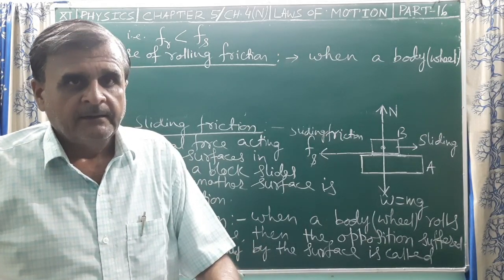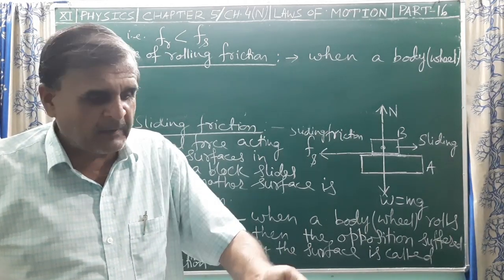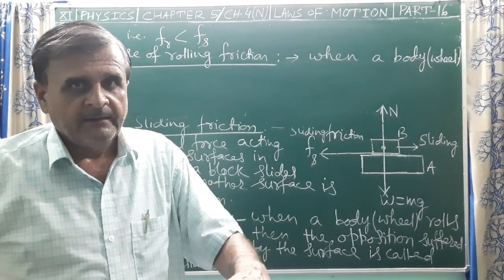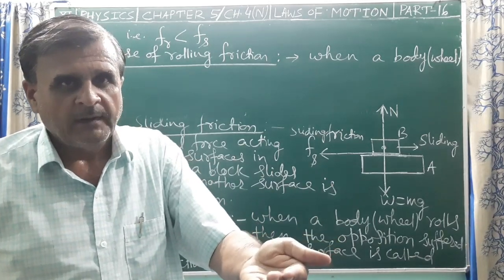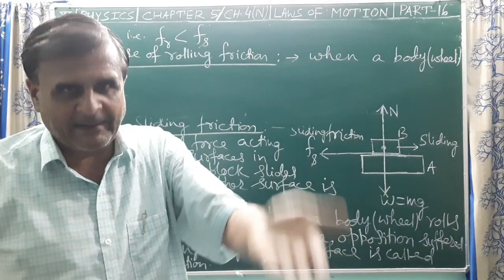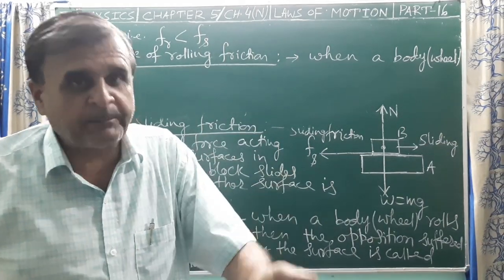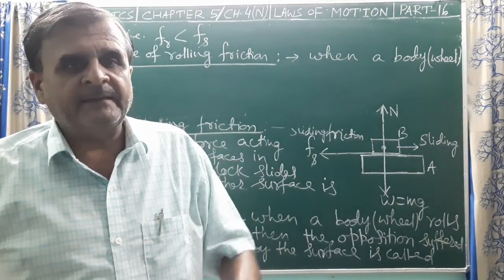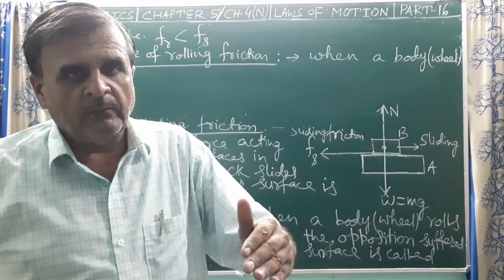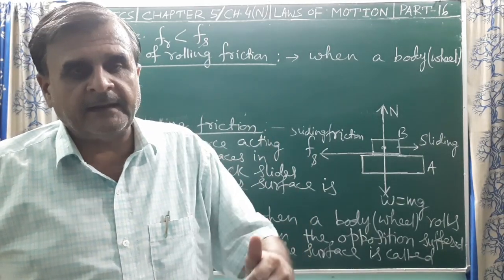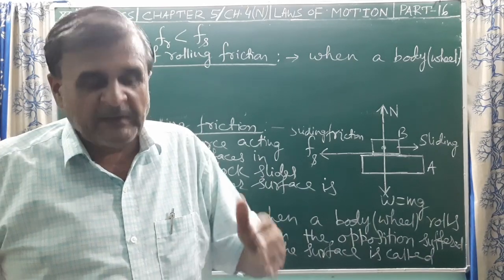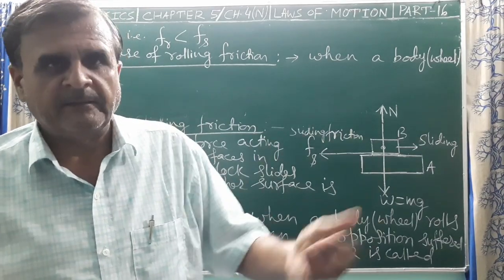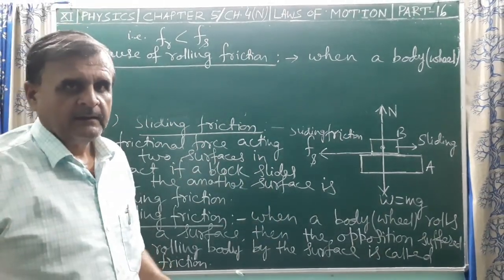As a result, in front of the depressed part, a bump is produced. जो depressed part है व्हील के नीचे, उसके आगे का पार्ट थोड़ा सा उभार हो जाता है. और उस उभार पर क्लाइंब करने में व्हील को अपने मोशन में थोड़ा रेजिस्टेंस, अपोजिंग फोर्स, फ्रिक्शनल फोर्स प्रोड्यूस होता है. That is called rolling friction. That is how rolling friction is produced.